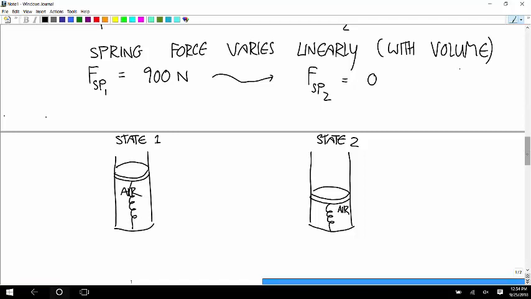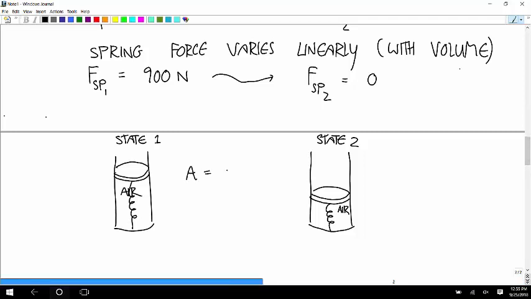The area of the piston face is 0.018 meters squared, and the atmospheric pressure is 100 kilopascals, or 1 times 10 to the 5th pascals.